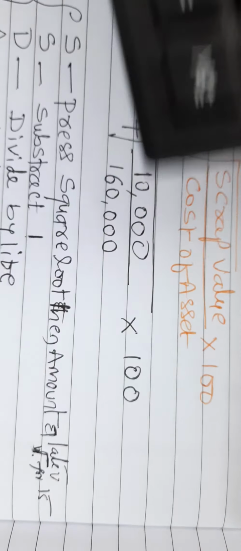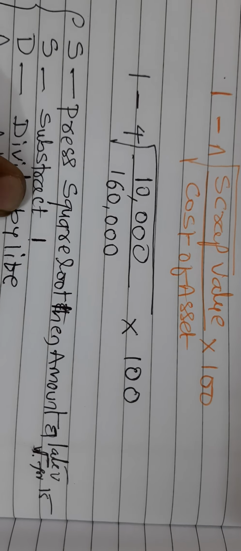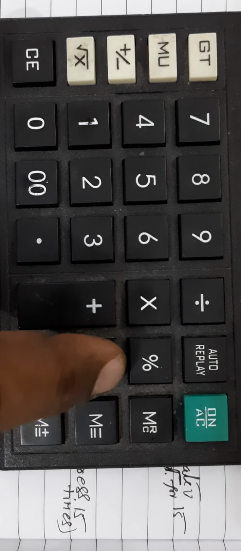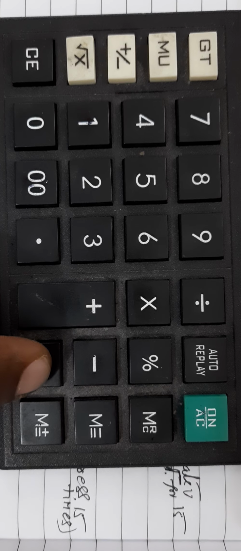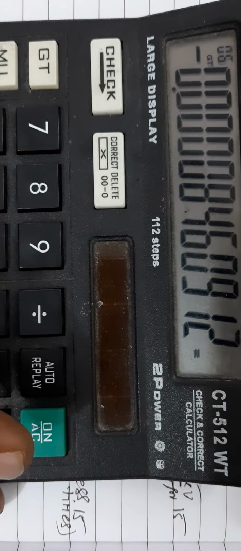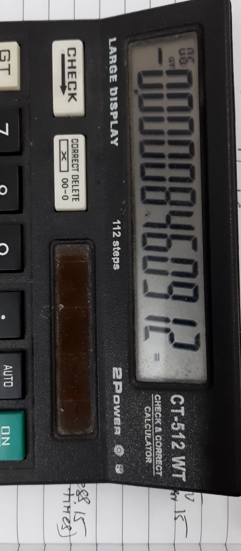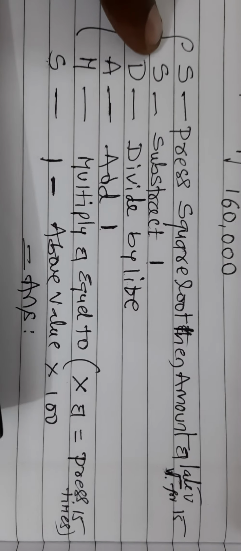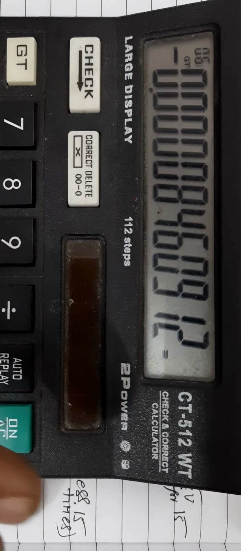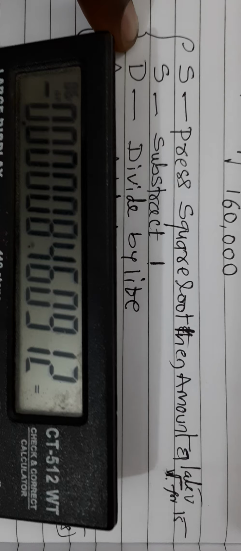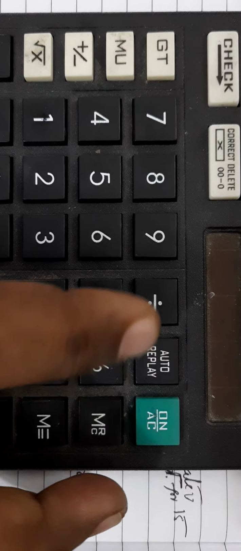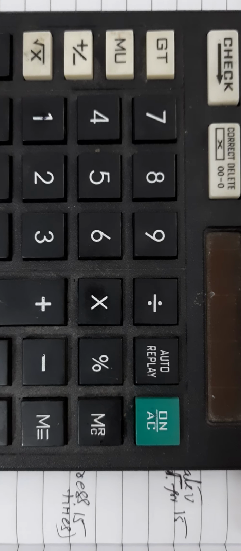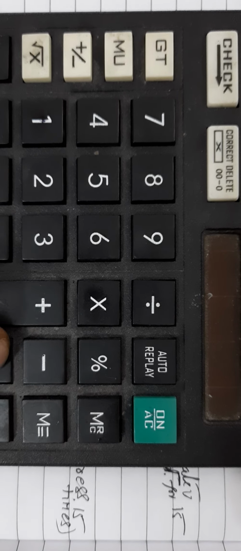Next, I said subtract 1. Now I am subtracting 1, then press is equal to. You will have this value. Next, divide by life. In our problem, life is 4 years.